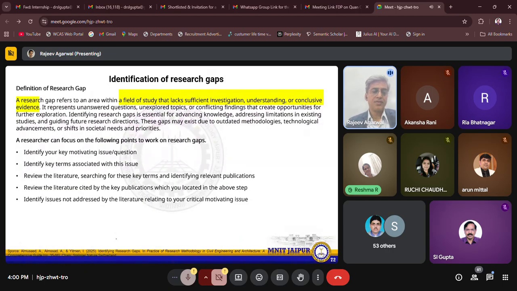So I will be giving you a snapshot of how you can conduct the research gap analysis. This is the second phase of my talk, or you can say the fourth phase. The first phase was the introduction, then the second, the third was the R, and the fourth is this.